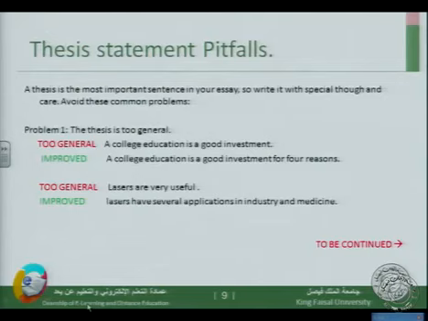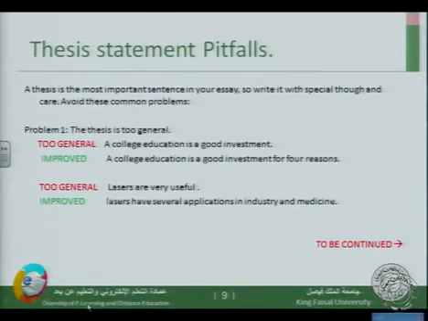We also had some advice on how we can avoid thesis statement pitfalls. We have pitfalls sometimes. We actually mistakenly, maybe wrongly, write an essay.